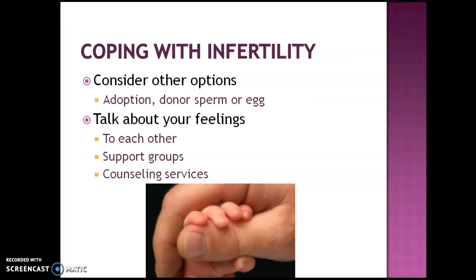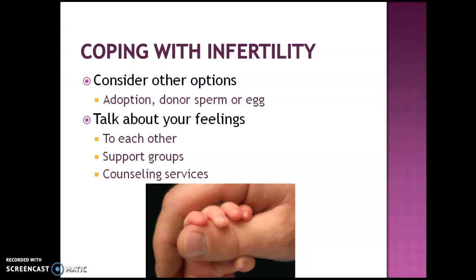And if nothing works, then what? Consider other options like adoption. You can go for sperm donors, where the sperm may not be biologically of your partner. You can go for sperm from sperm banks. If nothing works, you can talk to each other, and go for a counseling service.